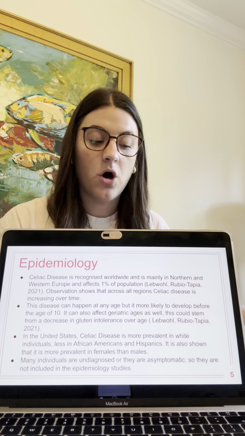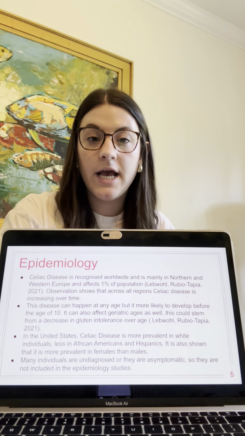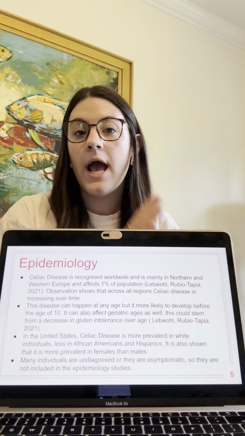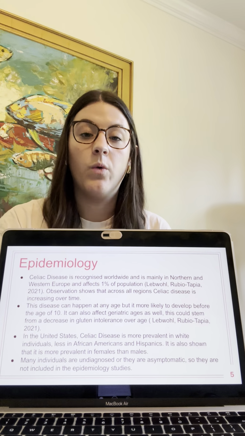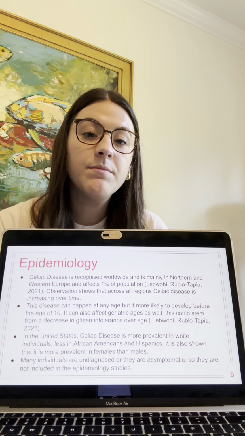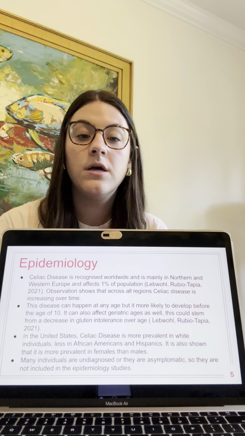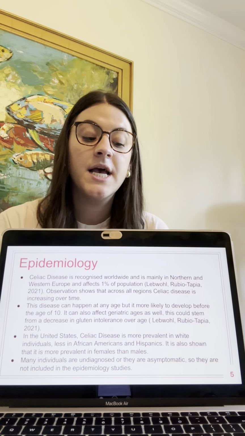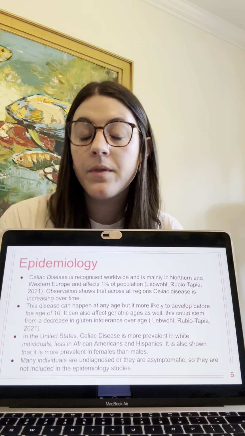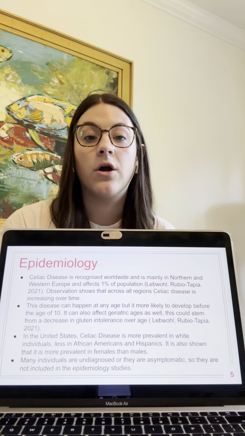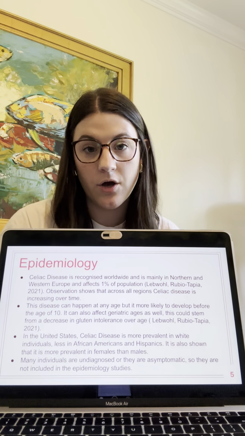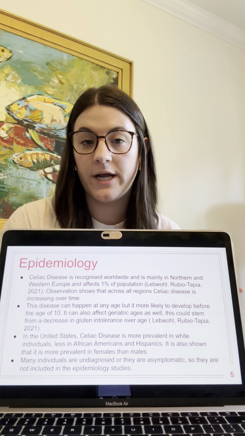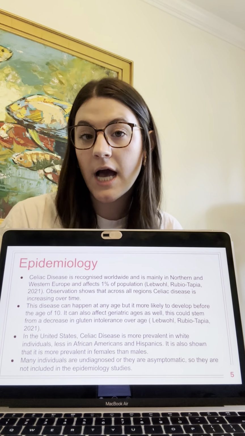Epidemiology: celiac disease is recognized worldwide, and it is mainly in Northern and Western Europe, and it affects about 1% of the population. Observation shows that across all regions, celiac disease is increasing over time. Many patients are either undiagnosed, misdiagnosed, or they're asymptomatic altogether and have no idea that they have celiac disease.